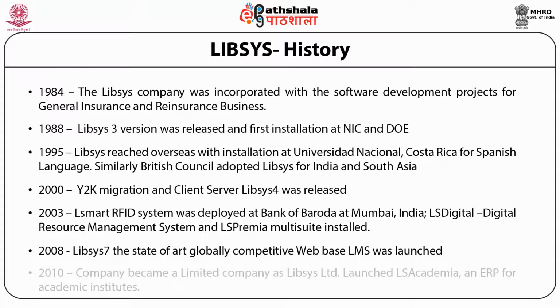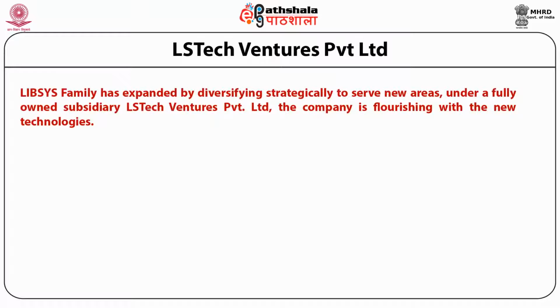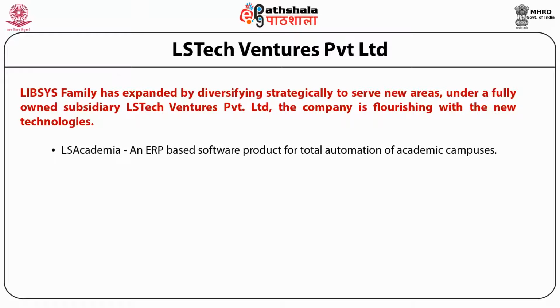Finally, in the year 2010, the company became a limited company as Libsys Limited and launched LS Academia, an ERP for academic institutes. The Libsys company is also moving to new areas under its own subsidiary LSTech Ventures Pvt Ltd. These include an ERP-based software product for total automation of academic campuses like LS Academia.